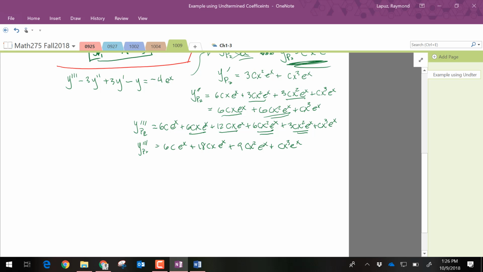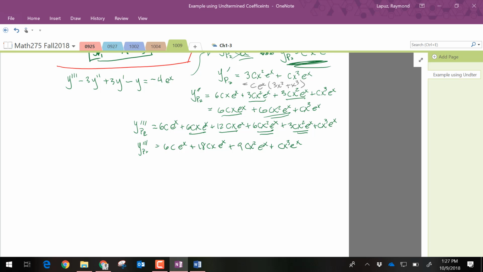Factoring the c e to the x out, we get 3x squared plus x cubed, right? That's for the first derivative.